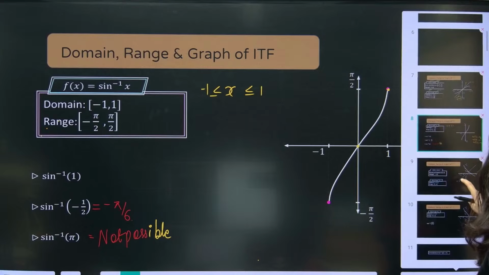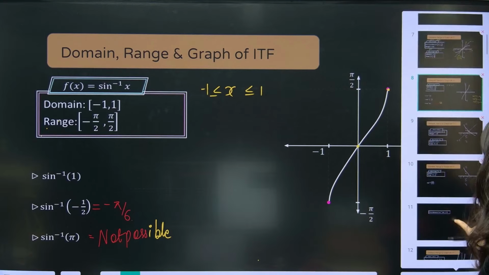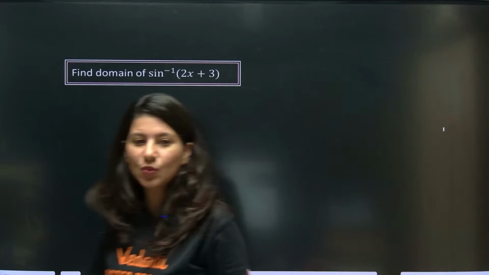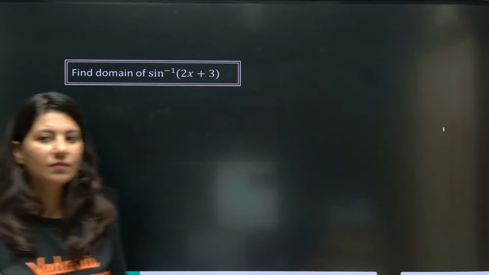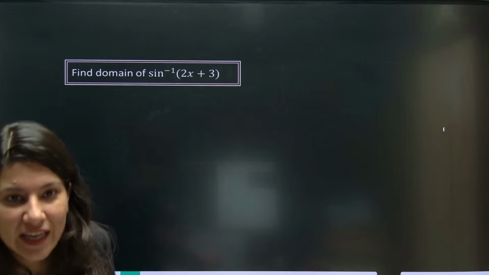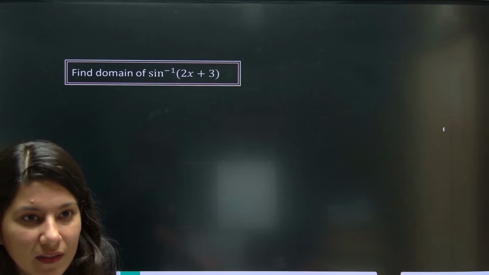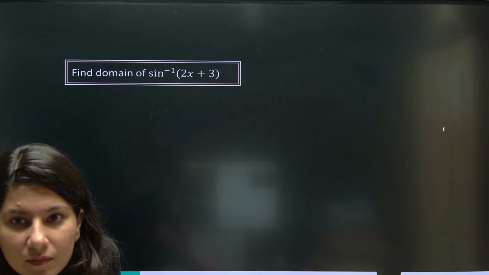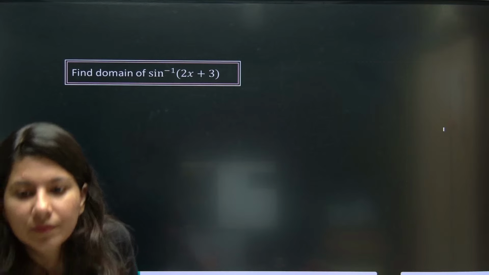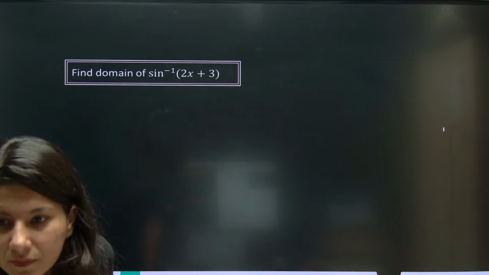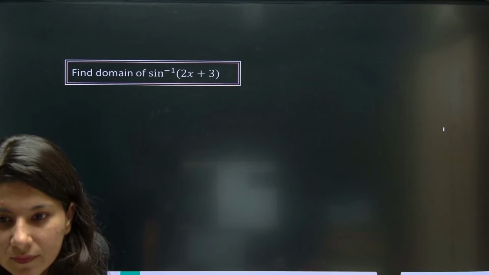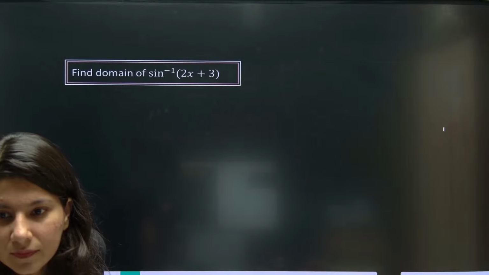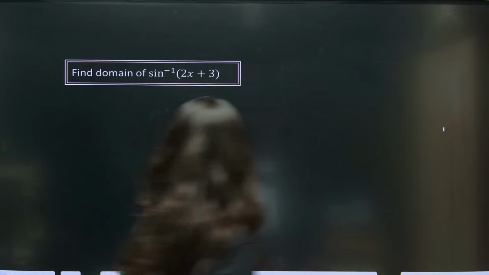Okay. Now similar thing, we'll talk about cos inverse, or we'll do one problem. Find the domain of sin inverse (2x plus 3). Quickly find it.